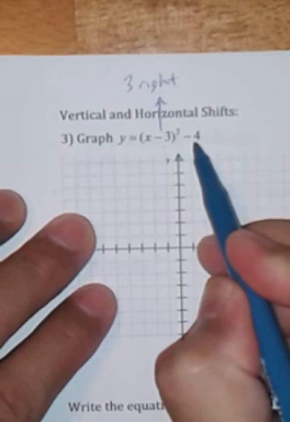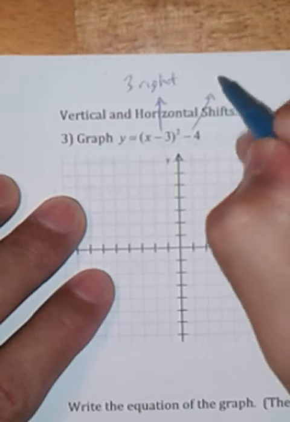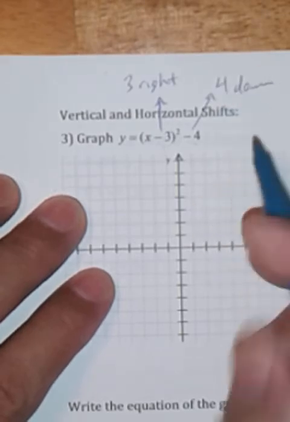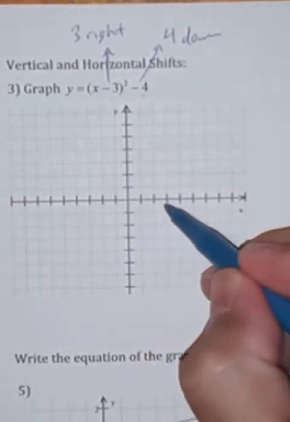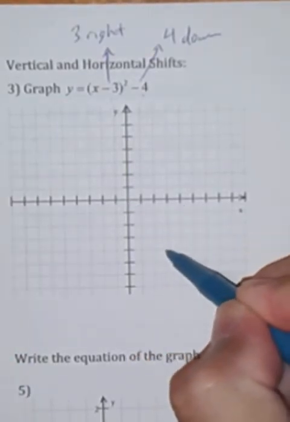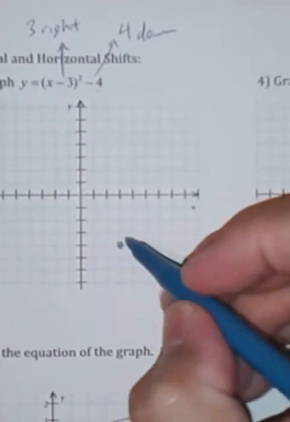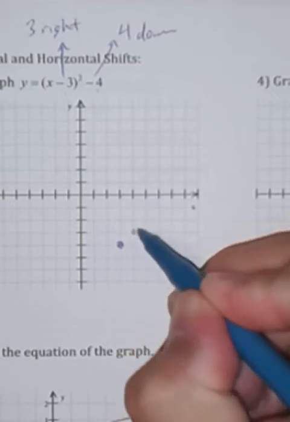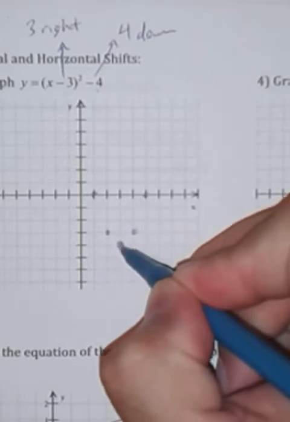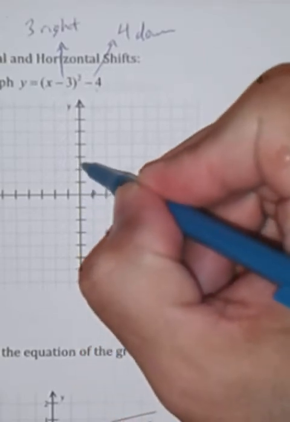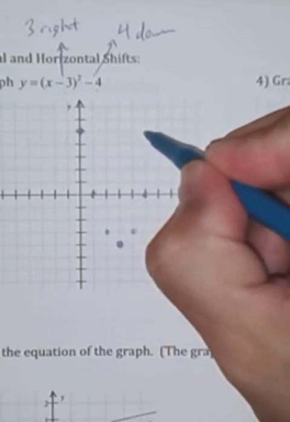And this one is outside the argument. That means a negative 4 means 4 down. So I'm going to move the vertex 3 to the right, 4 down, from 0, 0. There it is. And then, because A is 1, it just follows that pattern: 1, 1 to both sides, 2, 4 to both sides, 3, 9 to both sides.